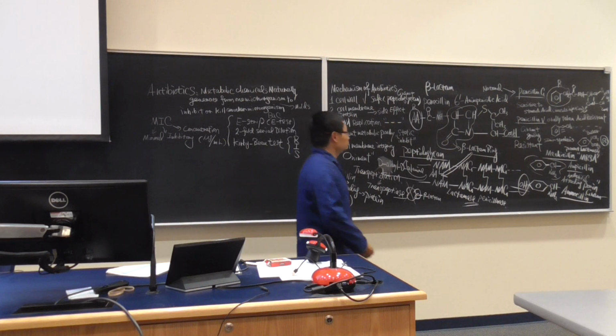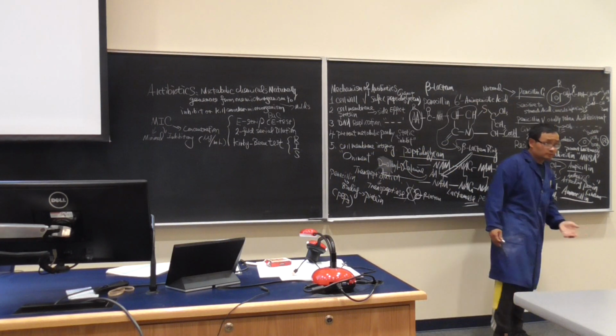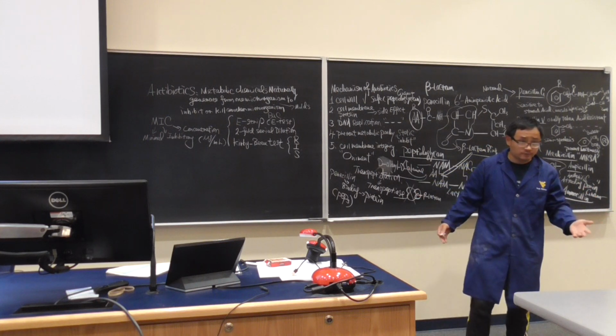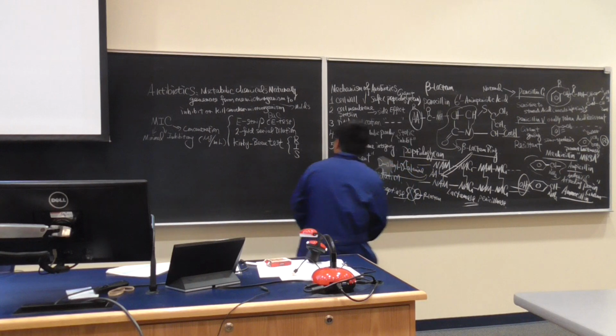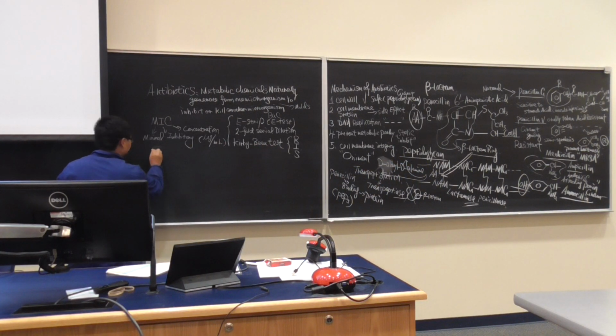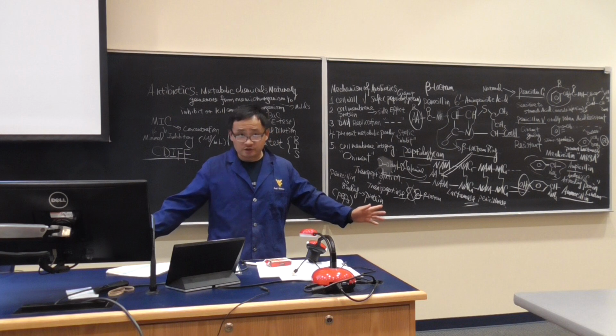Now, even if you try all these things, at the end of the day you may still get resistance. Did we mention this? Remember Clostridium difficile? Where does Clostridium difficile cause a problem?